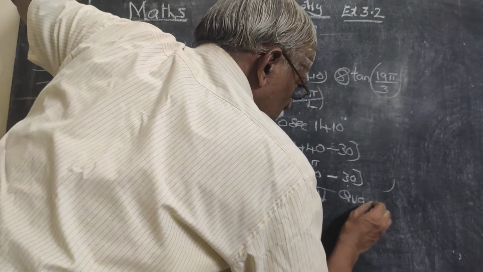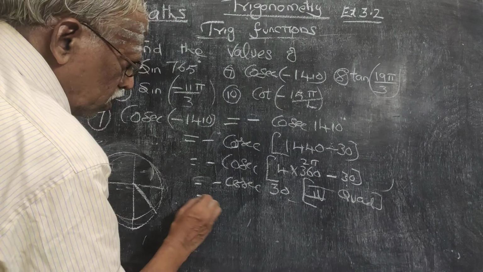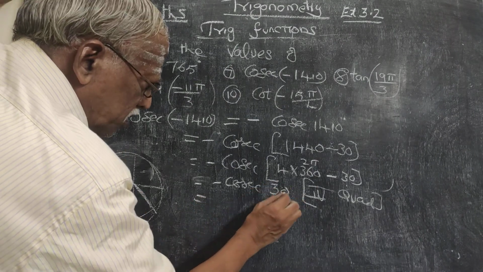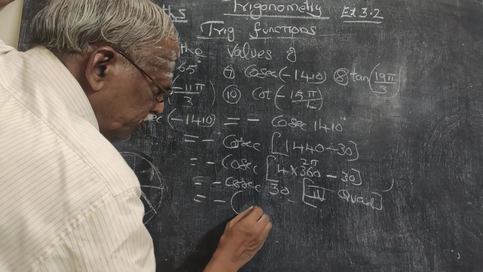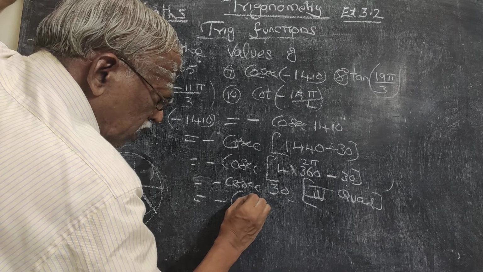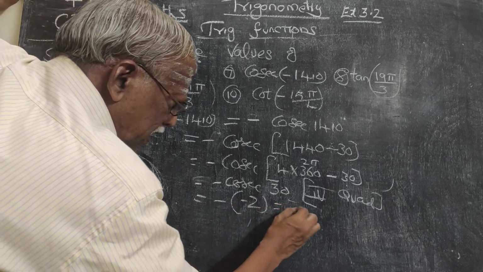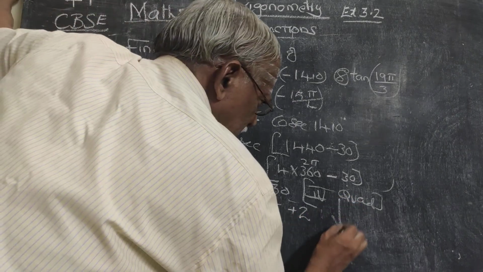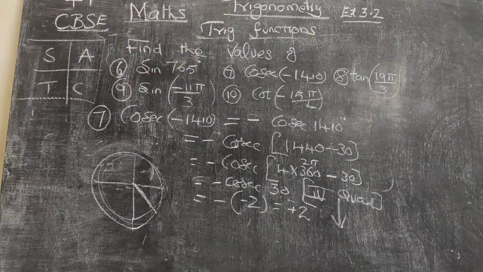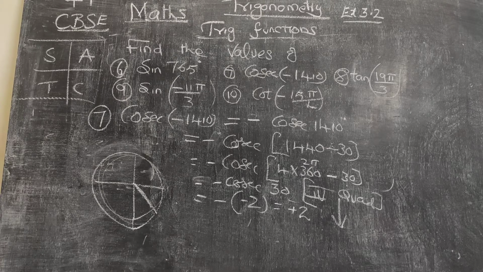If it lies in the 4th quadrant, cosecant will be negative. Cosecant 30 value: sin 30 is 1 by 2, so cosecant 30 is 2, so with the minus the answer is minus 2, because it lies in the 4th quadrant. So cosecant of minus theta, you write it as minus cosecant theta, and then rewrite that 1410 in terms of something plus something or something minus something. I have chosen 1440 minus 30.